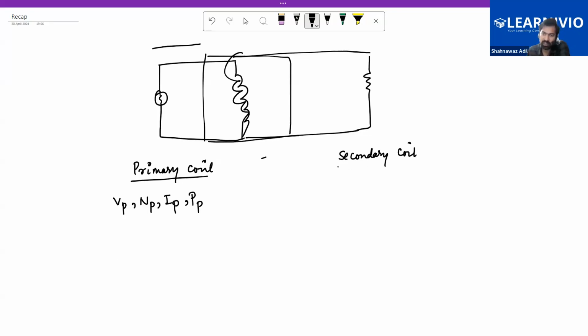In the secondary coil, you have voltage secondary, number of turns secondary, current secondary, and power secondary.